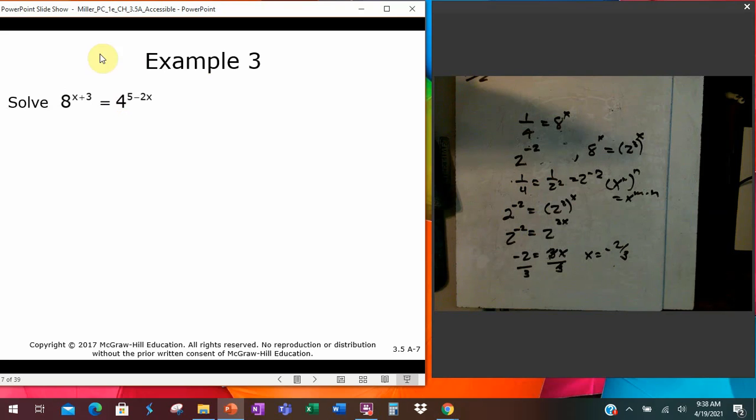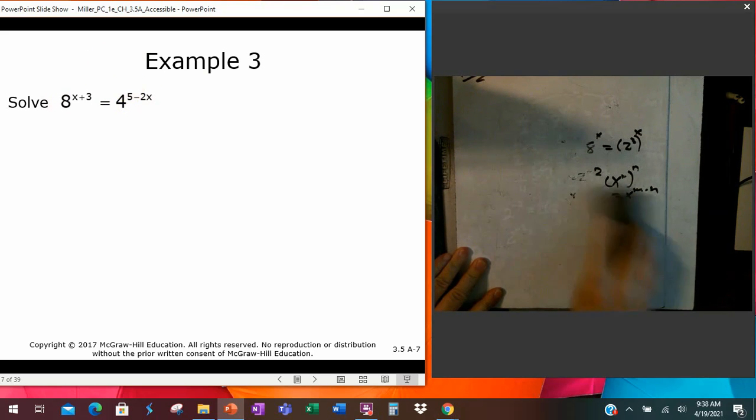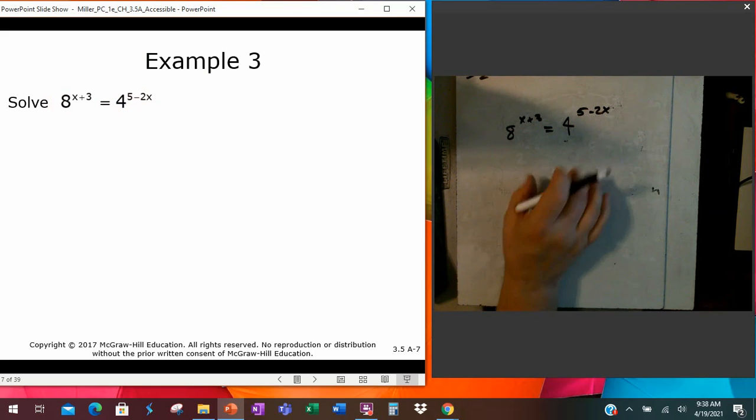So let's do something very similar to this one. I would like to solve 8 to the x plus 3 power. When is that equal to 4 to the 5 minus 2x power? I want to get these to the same base.